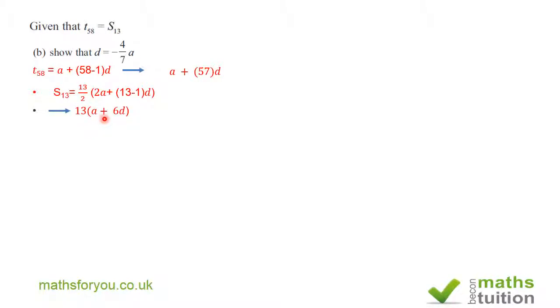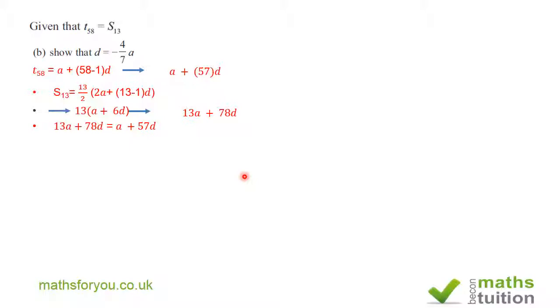When you expand the bracket, we end up with 13a plus 78d. And now we equate these two, and we have 13a plus 78d is equal to a plus 57d.